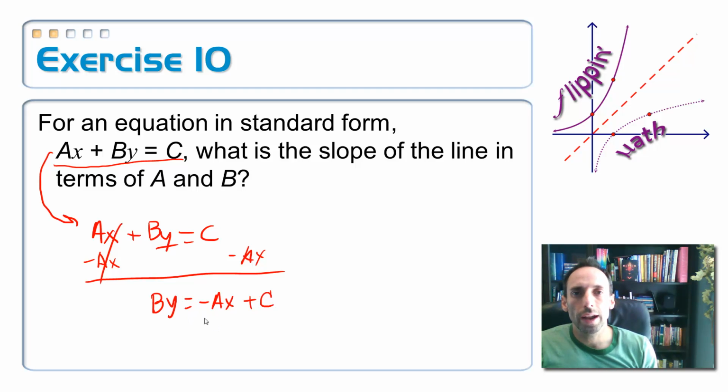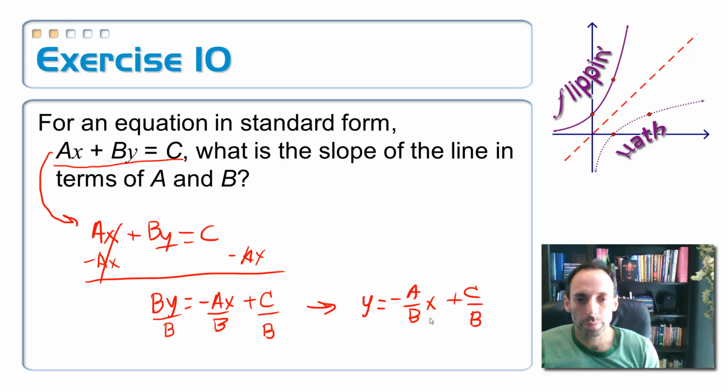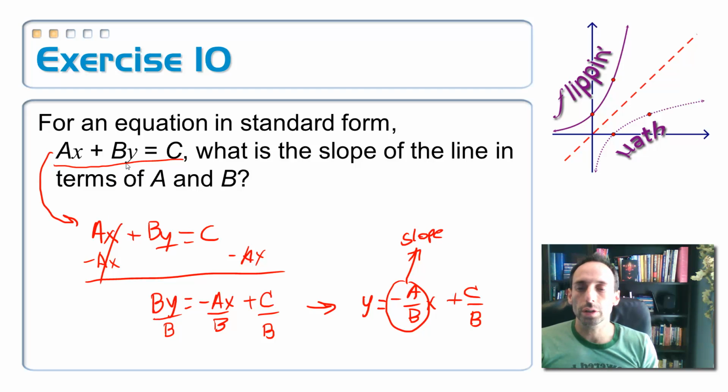Now the only thing that I have to do is divide everything by b. When I do, I get y is equal to negative a over b x plus c over b. Negative a over b is the slope. So if you just took the standard form of the line and you took negative a, the opposite of a, divided by b, that would be the slope of your line.